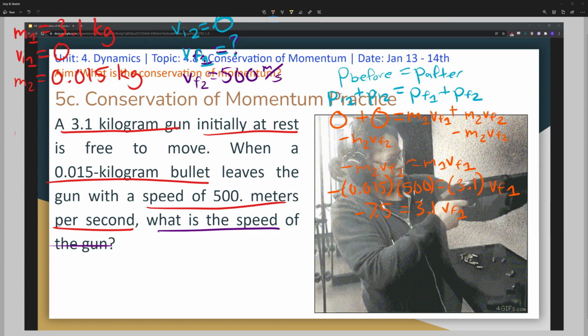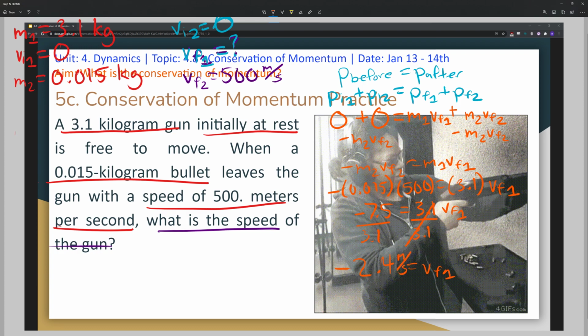And then we divide by 3.1, and we get negative 2.4 meters per second.